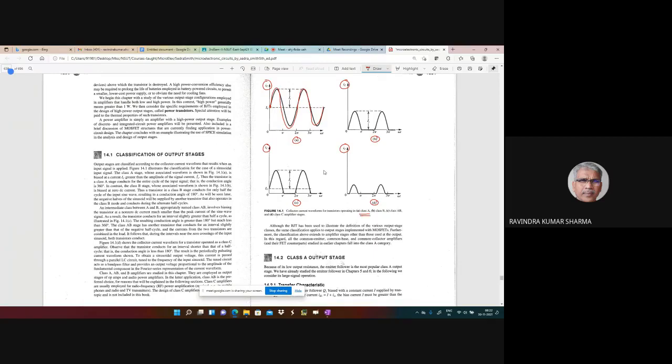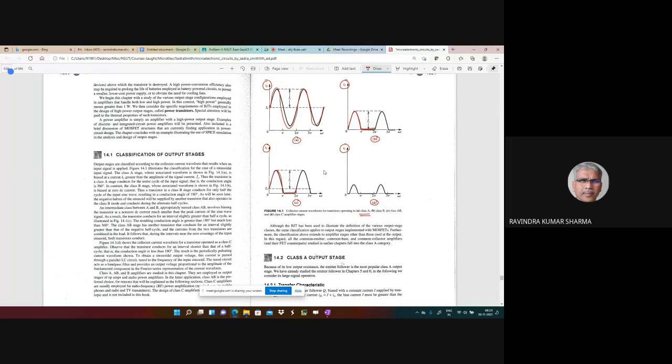Then B is the situation when the collector current flows only for half of the input sinusoid. Negative half में current is zero. Class AB is something where collector current flows not only for the positive half but also part of the negative half.